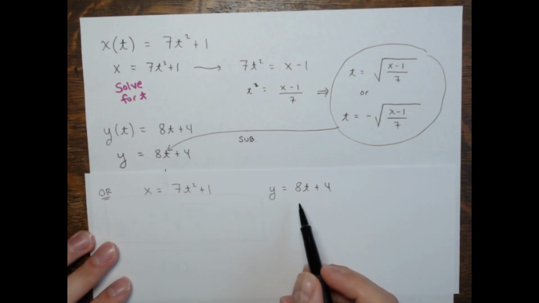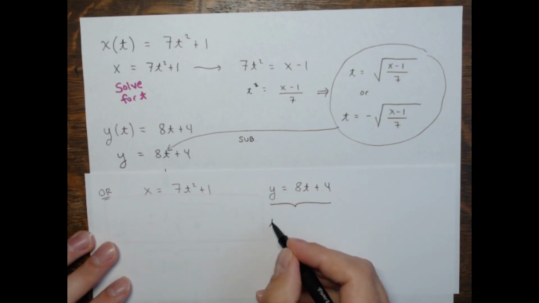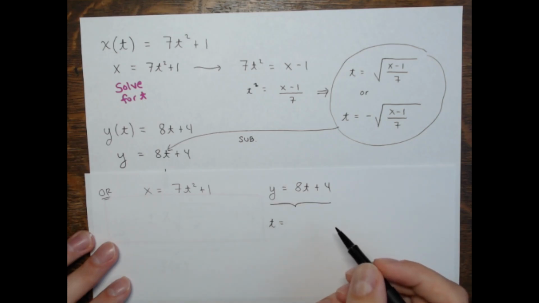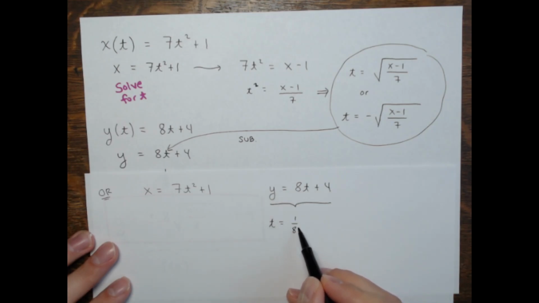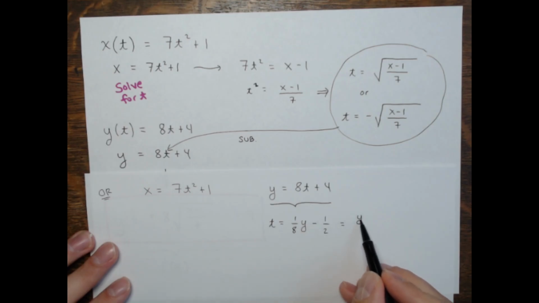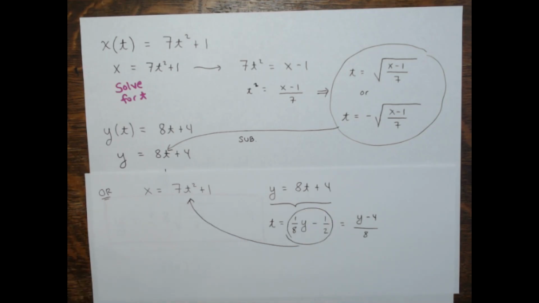Could have done it the other way around too, where I took the y equation and solved for t. So t would be y minus 4 divided by 8, or 1/8 y minus a half, or again, y minus 4 all divided by 8, same thing. And then substituted that for t back here.